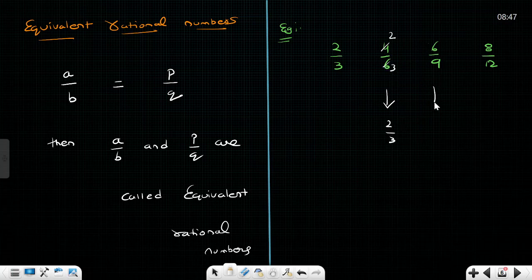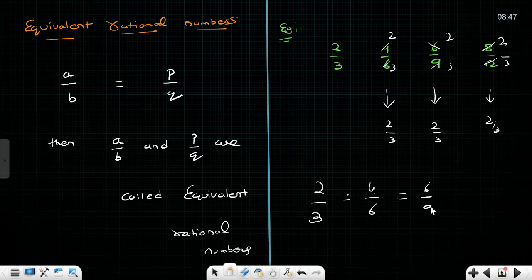Next 6 by 9 after simplification, 3 2s, 3 3s, again 2 by 3. 8 by 12, 4 2s, 4 3s, so again 2 by 3. Therefore 2 by 3 is equivalent to 4 by 6, that is equivalent to 6 by 9, that is equivalent to 8 by 12. These are called equivalent rational numbers.